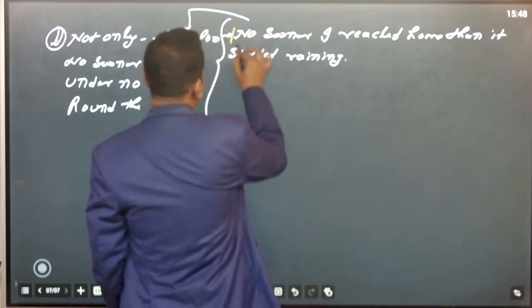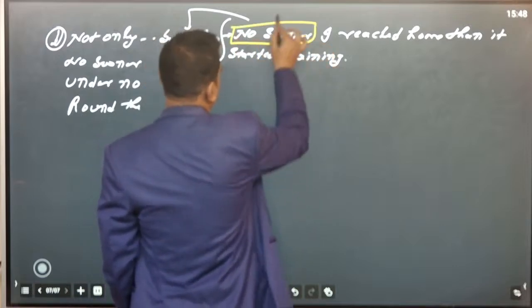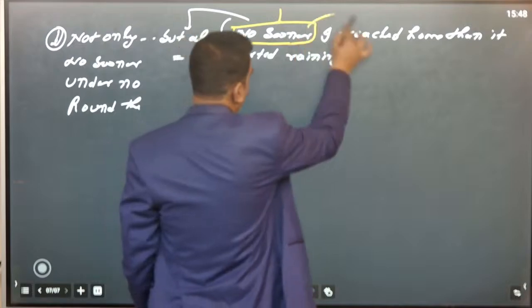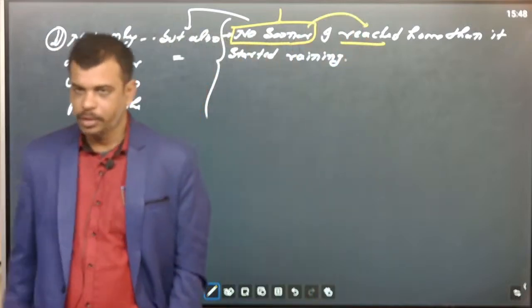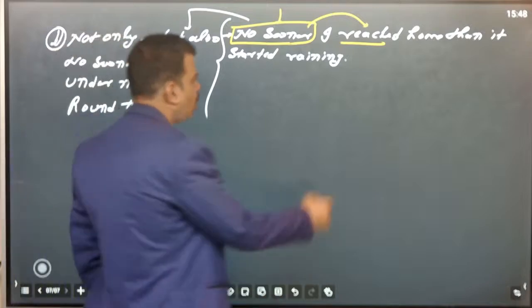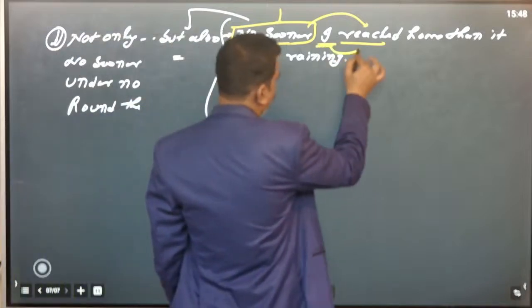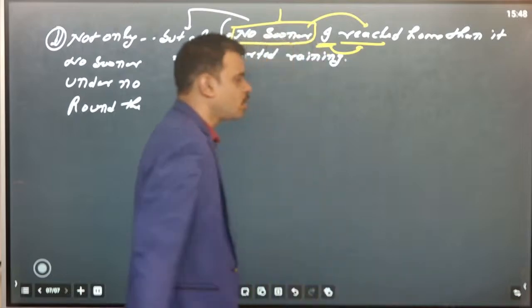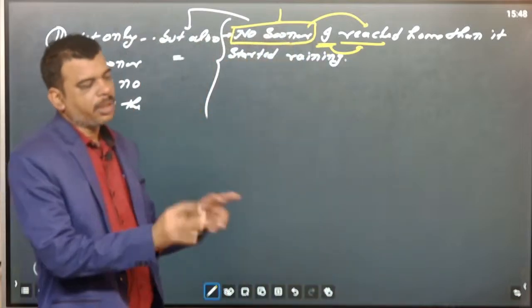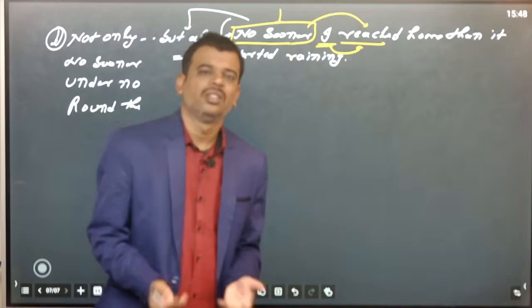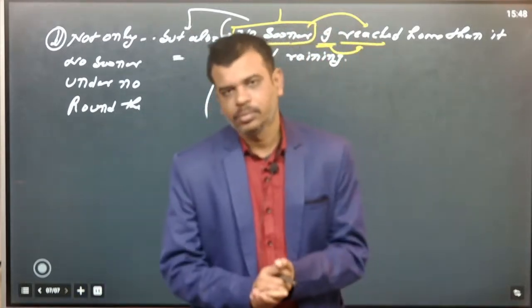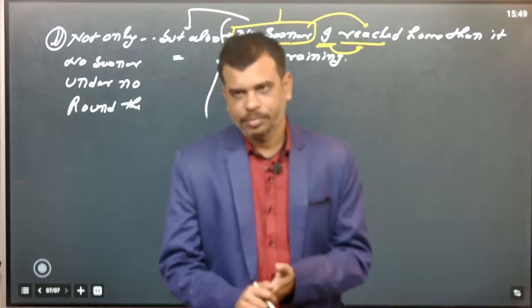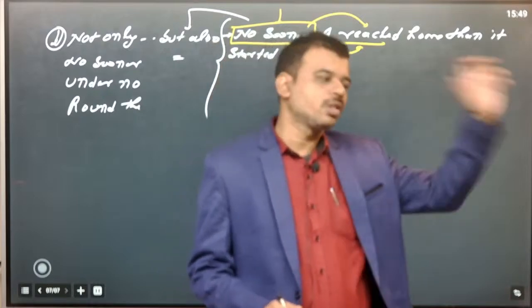But no sooner is the word that is acting as adverb and it is claiming over the reached. That's the main verb. I is subject, and obviously it is also claiming over the main verb reached. So we have double trouble with verb. It is obvious that whenever we have the double trouble on verb, it is inversion. Double trouble is always inversion.